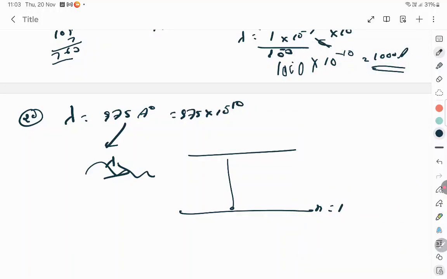Okay. Let's find out to what excited state this can jump. This much energy is coming. This much wavelength gives you how much energy?